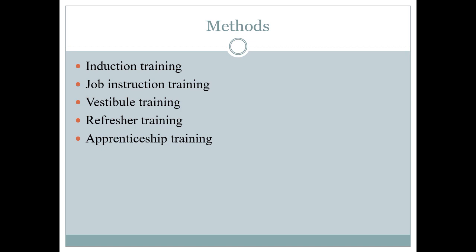Then job instruction training. See, the title itself tells the meaning of job instruction training. This training provides an overview about the job, and experienced trainers demonstrate the entire job. In this job instruction training, instructions related to the job are given to the trainees.